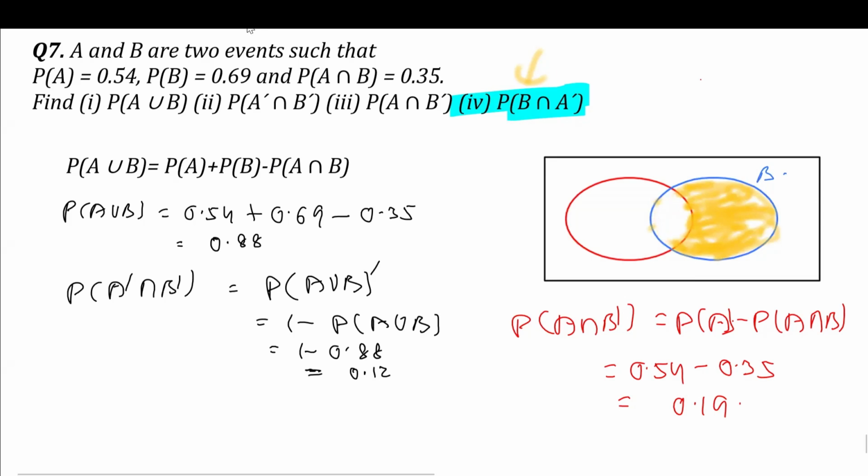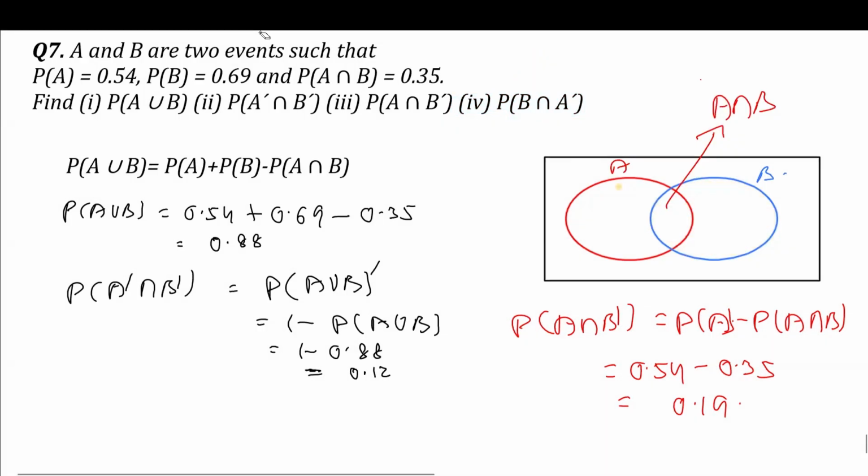One more time, what I was saying is that now in the fourth part, which is very similar to the previous part, this time it is B, but not A. From the whole B, if we remove the intersection, that should give you B intersection A naught, right? So the same way as we did in the previous part, we can subtract their intersection from P(B).